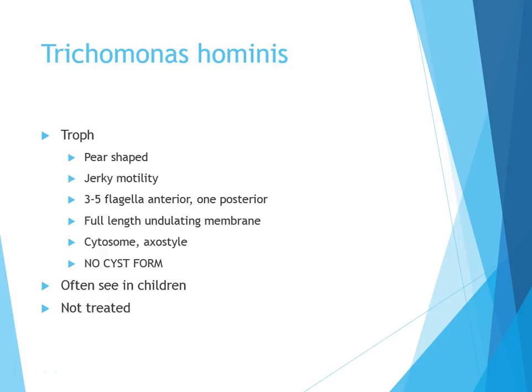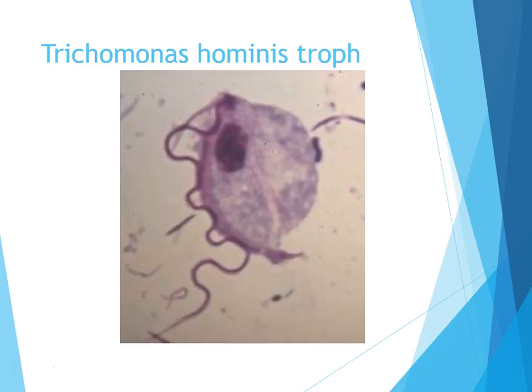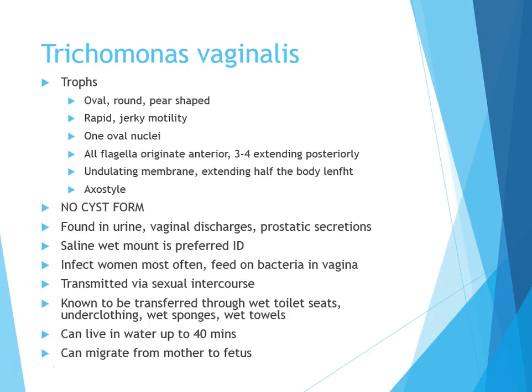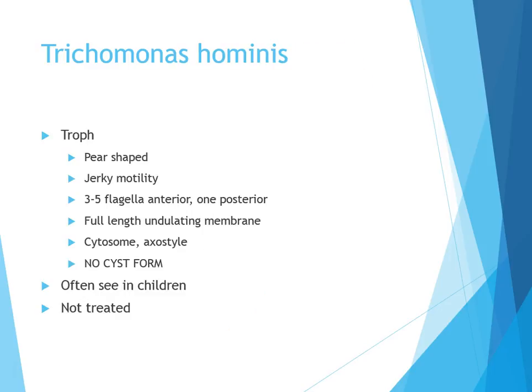The trophs are 7 to 20 micrometers. They're pear-shaped. It has jerky motility. The Trichomonas vaginalis also has jerky motility. It has 3 to 5 flagella, 3 to 5 anterior, 1 posterior. Can't really see them in that picture.